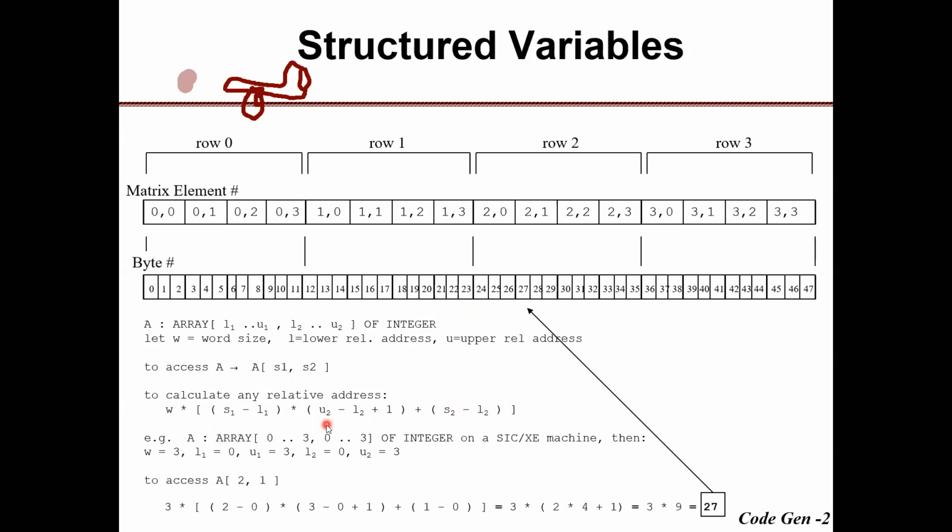So let's go ahead and finish this thought. Okay, so we're going to take this row jumper term and we're going to multiply it times this. Well, what's this? The first thing we're going to do is we're now going to take and look at the difference between U2 and L2, what is the range of those values, and we're going to add 1 to it. This gets us to normalize to the 1 value, okay?